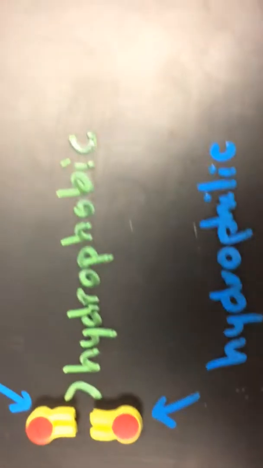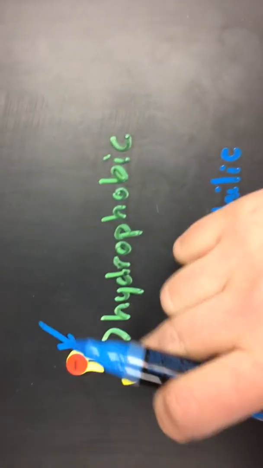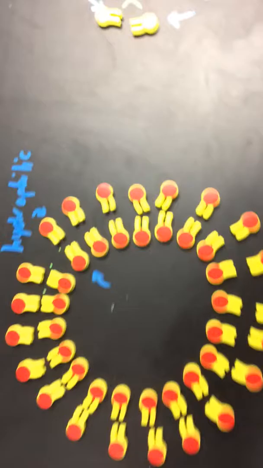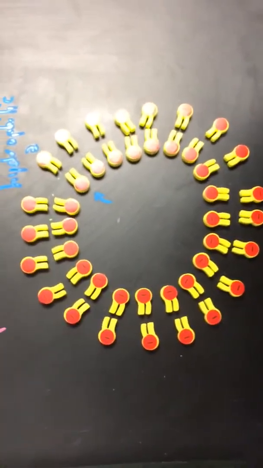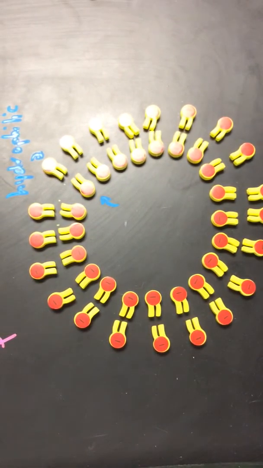Philly meaning love, and it just means that the heads are fine being in contact with water, whereas these tails in the center don't. So that's why the tails align together here, and the heads are pointing both in and out.